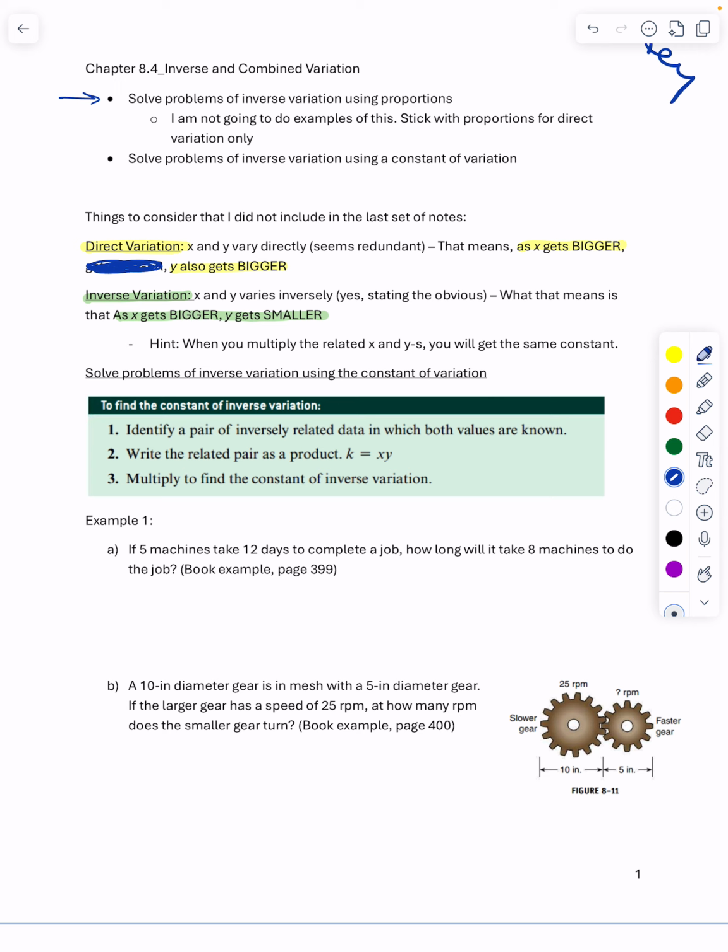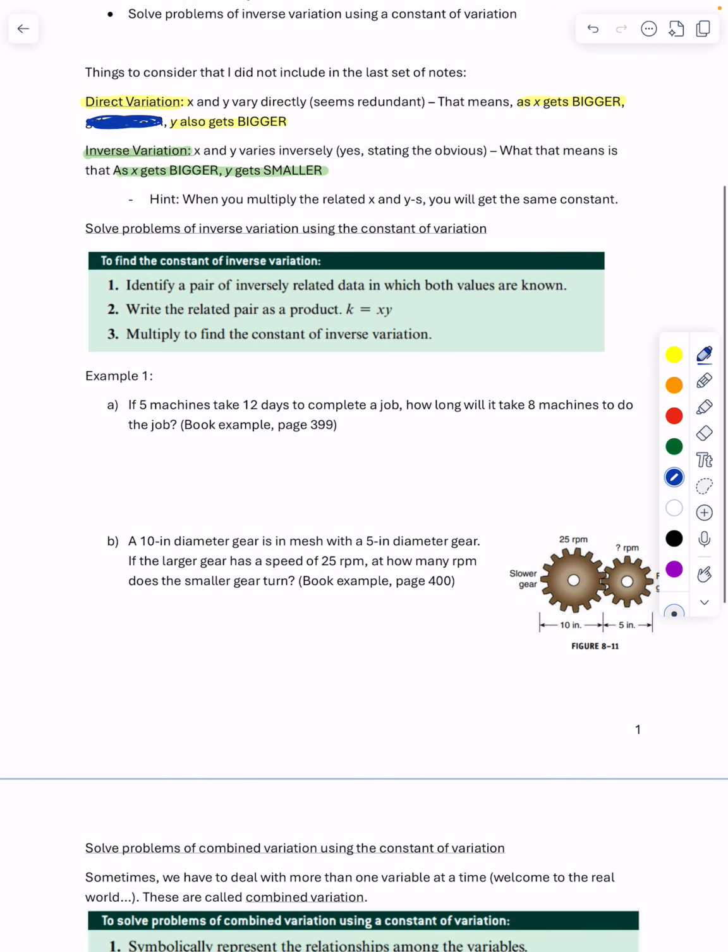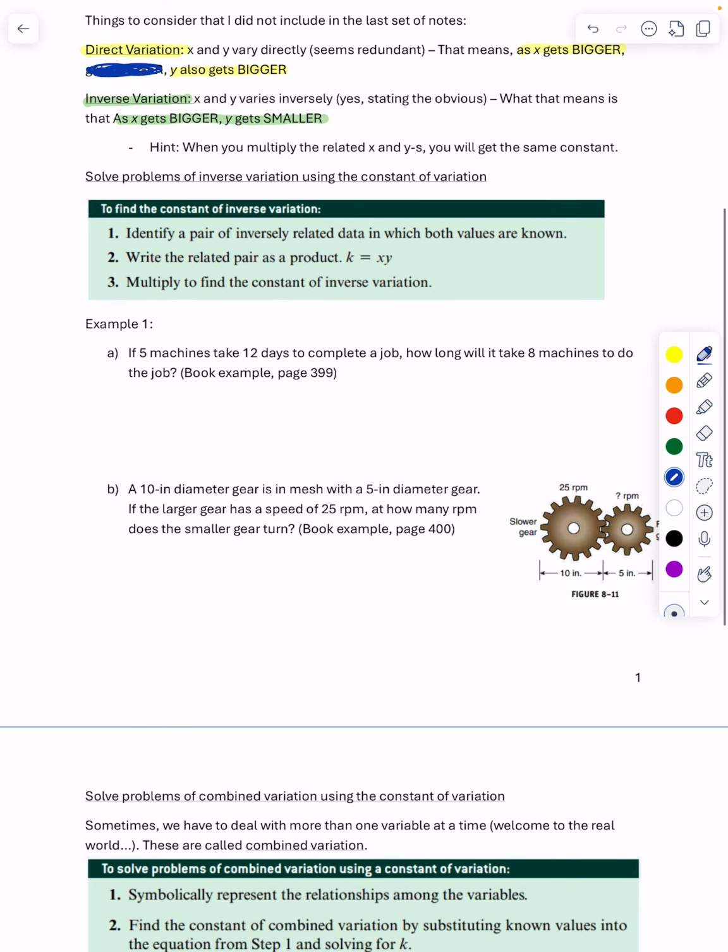You'll notice when you look down at the examples, I pulled the examples right out of the book. So if you want to compare how to solve these with the proportion, which is what the book does for these two, versus the constant of variation, you can do that.